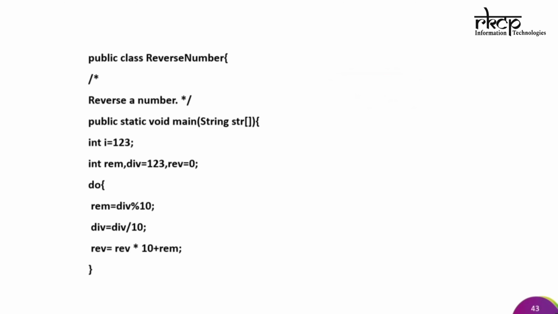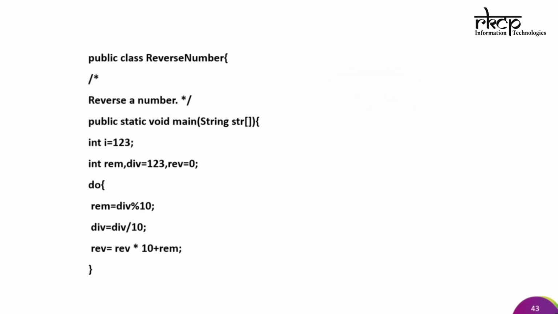Here is one example to print a reverse number. Suppose I have taken one number, int i equal to 123. I'm going to take a few more variables: int remainder, division and rev.